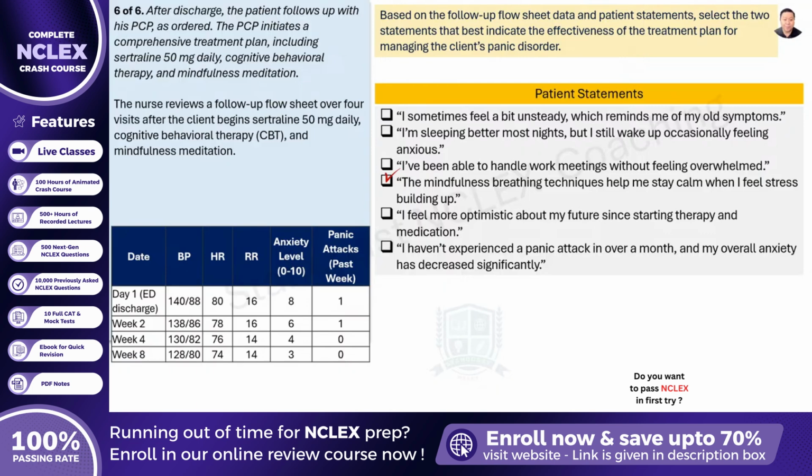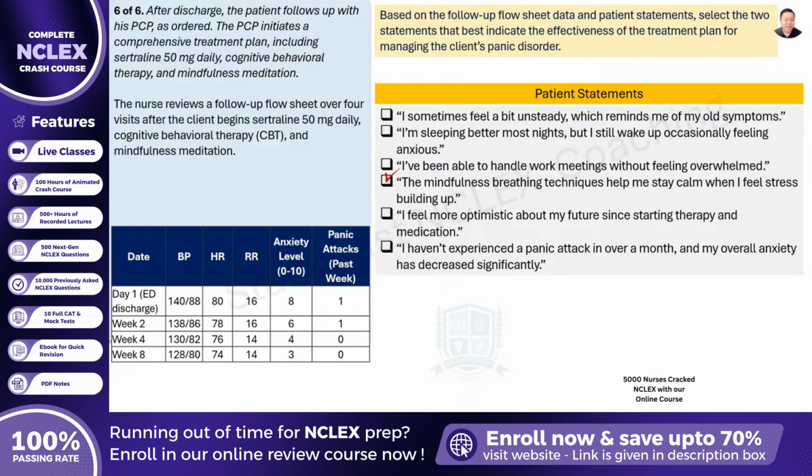Remember that in panic disorders, it is not just about treating the symptoms after they happen, it's about preventing them. This one shows the patient is using non-pharmacological strategies to interrupt the panic cycle. This also points to improved self-efficacy, which is a cornerstone of anxiety disorder recovery.